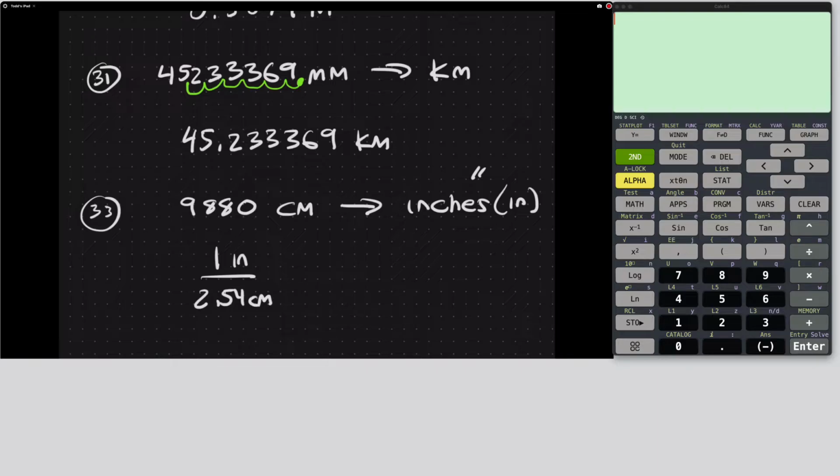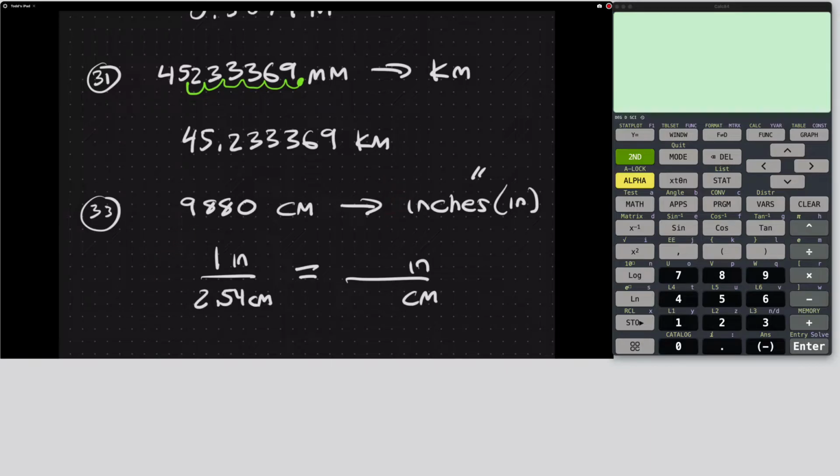So I can set this up like a ratio. And then I'm going to make it equal to another ratio that has inches on top and centimeters on the bottom. Now, if we look at what we have here, we've got 9,880, but we don't know how many inches we have.